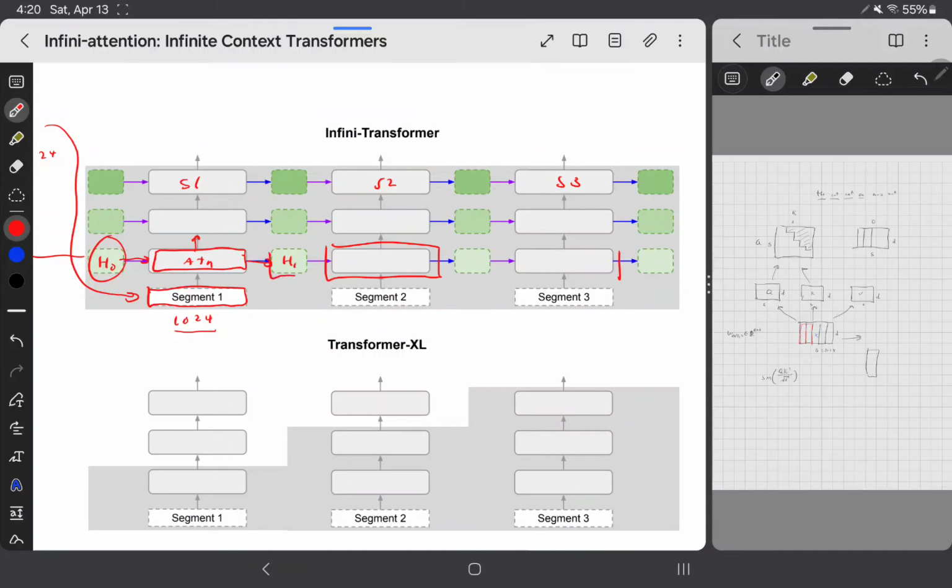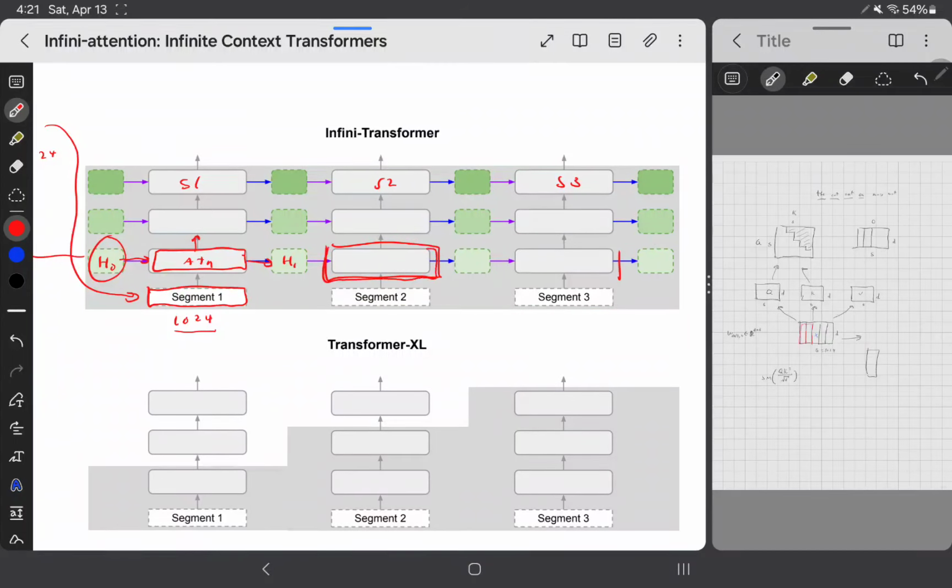However, if you have a hidden state that hopefully captures all the information of the past, then you should be able to do a local attention and an update using the hidden state, and hopefully that'll be enough to compute something similar to the full attention, even though you don't have this S-squared in terms of memory.